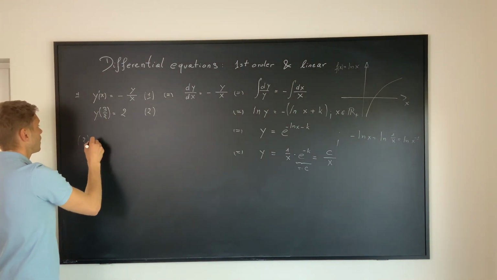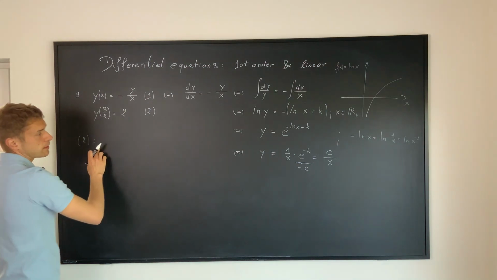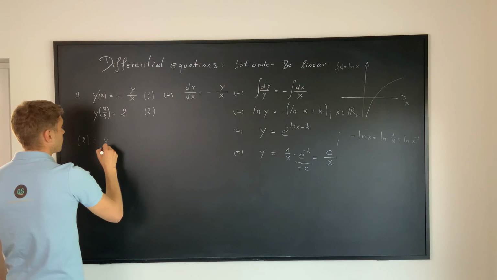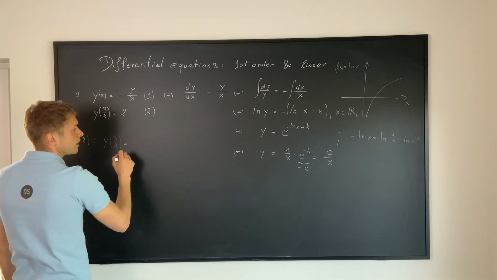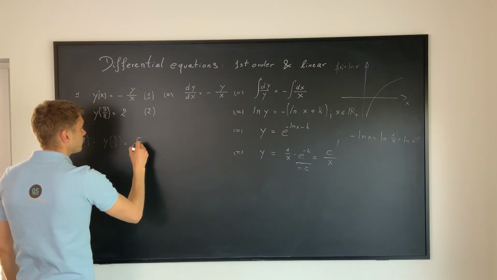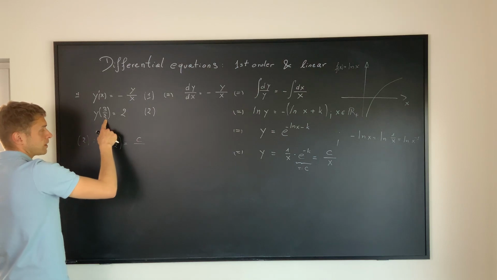So from 2, we obtain that y of 3/2 equals the constant c, and then we have to put for the x value, the 3/2.